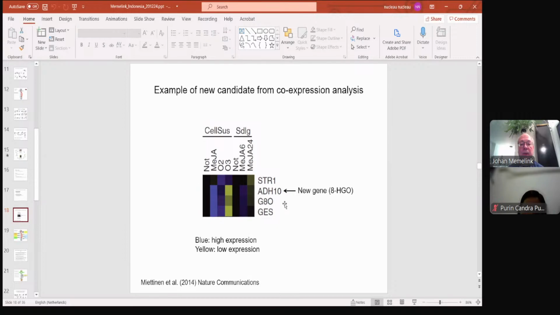So that is in principle a candidate, and it is also an alcohol dehydrogenase, so a dehydrogenase type of enzyme. And it turned out that this was the gene encoding the enzyme 8-HGO, so one of the enzymes that we were looking at.